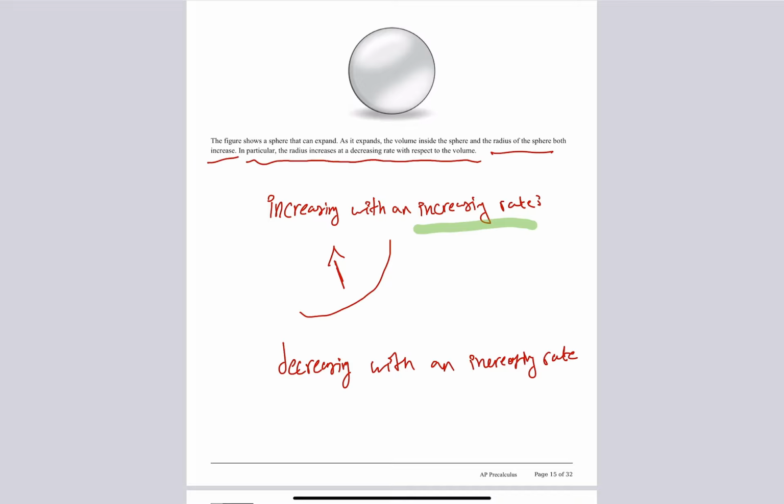Well, it is still concave up, and it looks like this. If you want to memorize these two, go ahead. Whenever you see the words increasing rate, it's going to be concave up.